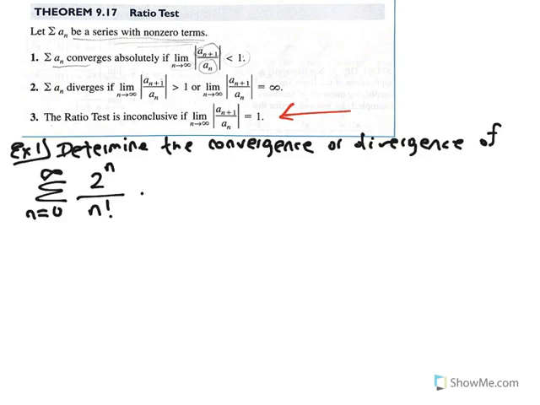Most often, though, the limit's probably not too hard to find. But you could have a problem if it's equal to 1, then you'd have to do something else. So let's go ahead and take a look at how we set up the limit. Again, you always find the same limit, you just reach different conclusions based on what that limit is equal to. So we'll begin by setting up the limit for our example problem.